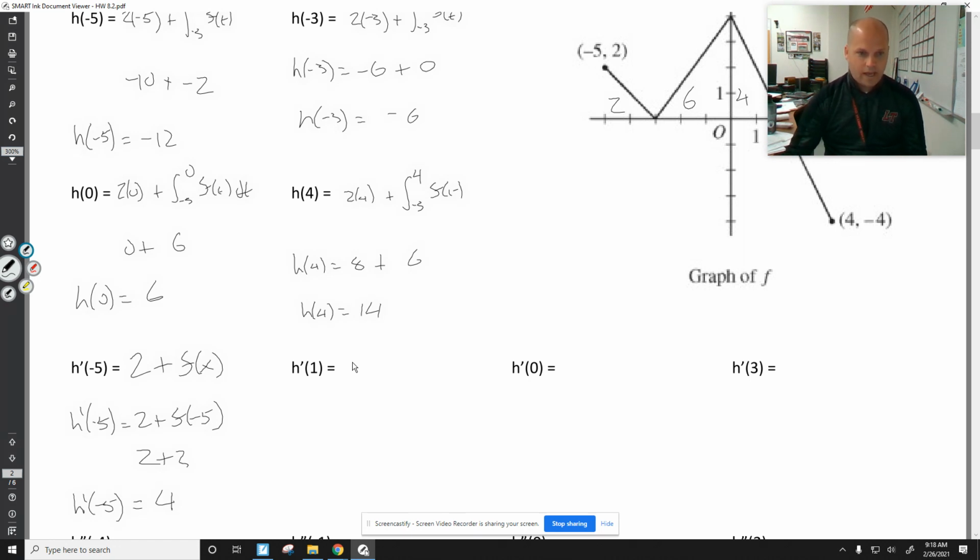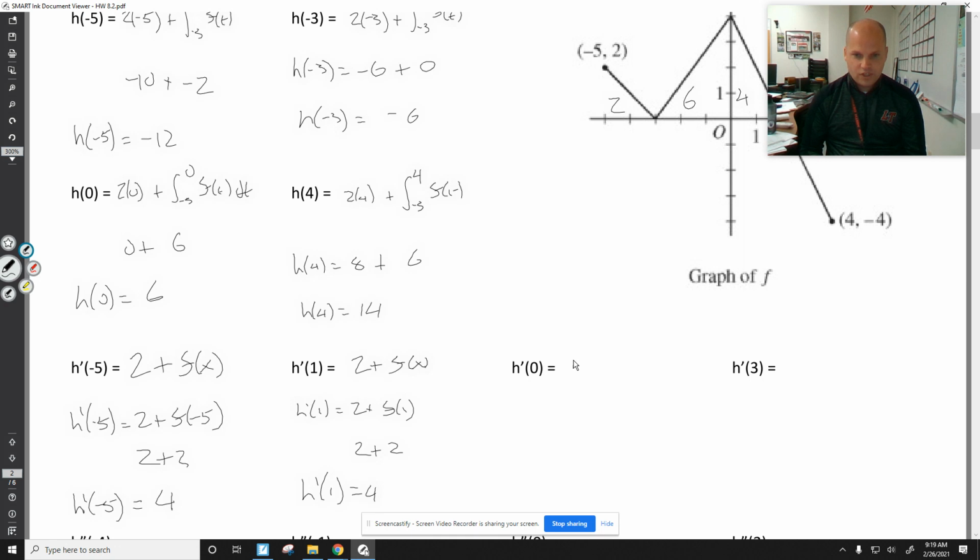H prime of 1. Well, again, 2 plus f is h prime of x. So h prime of 1 is going to be 2 plus f of 1. I found what f of 1 was earlier. It was 2. I went down 2 over 1, down 2 over 1. So this is 2 plus 2 again, which is 4.